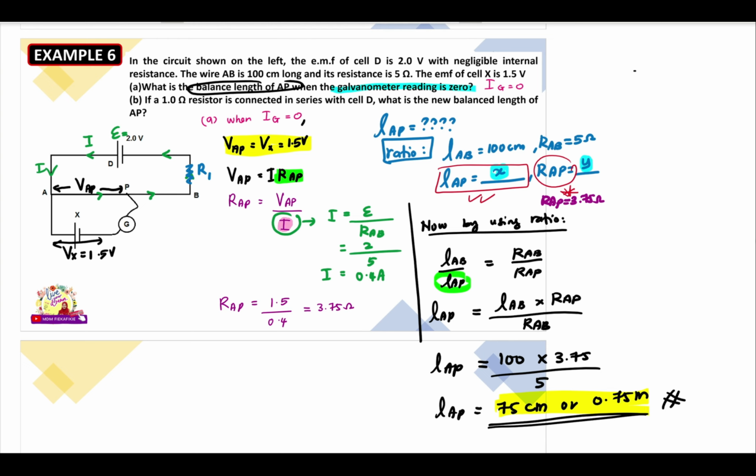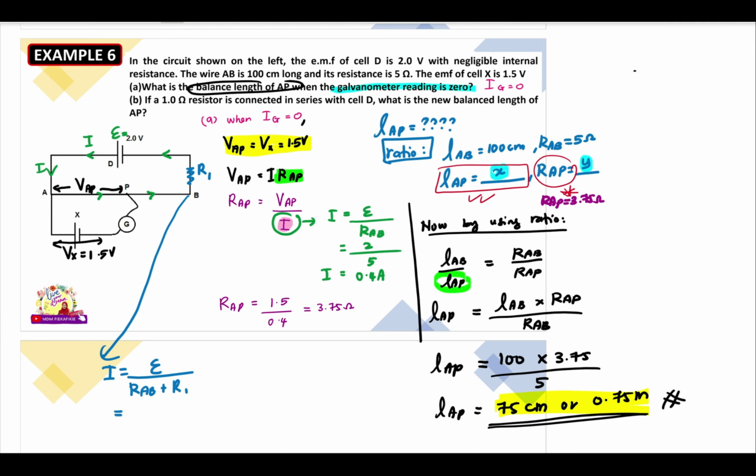Okay, tengok sini. So bila saya letak resistor R1 dekat sini, okay, current saya akan jadi I equal to EMF over total external resistance ataupun total all resistance in this upper circuit. So dia akan jadi RAB plus R1.